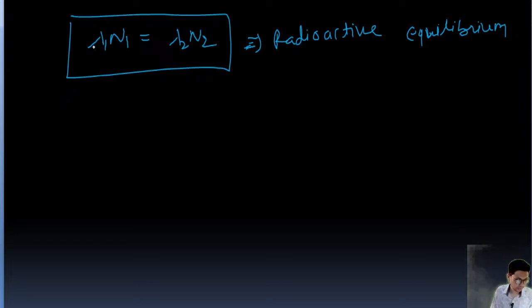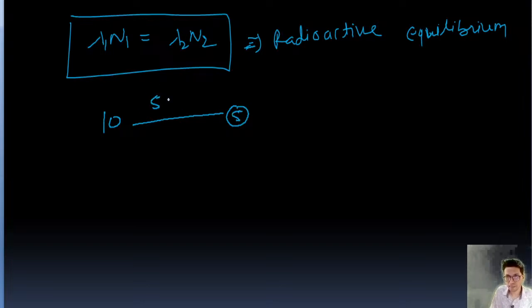I'll give one example. Suppose we have 10 nuclei, and 5 decayed. We have 10 nuclei, 5 decayed, and 5 remained.